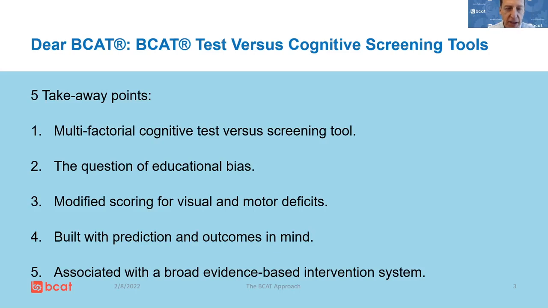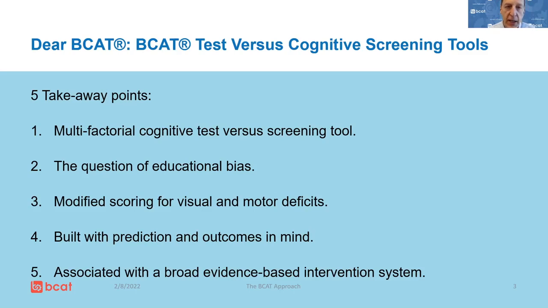It's actually integrated into an intervention system, inclusive of working memory exercises, for example, dementia programming, several different things that many of you use. And it's also tied to a mitigation program. The idea is, can we identify risk factors for dementia and do something about them?